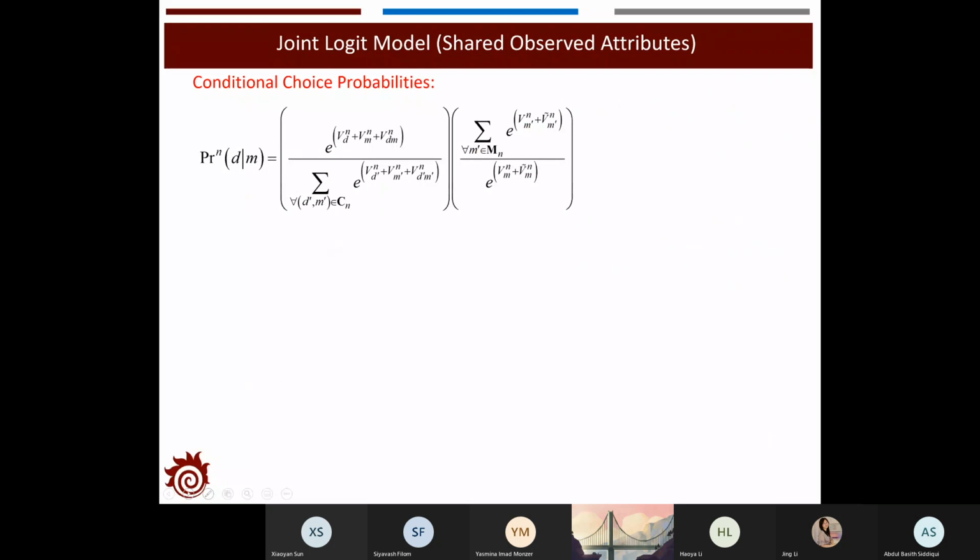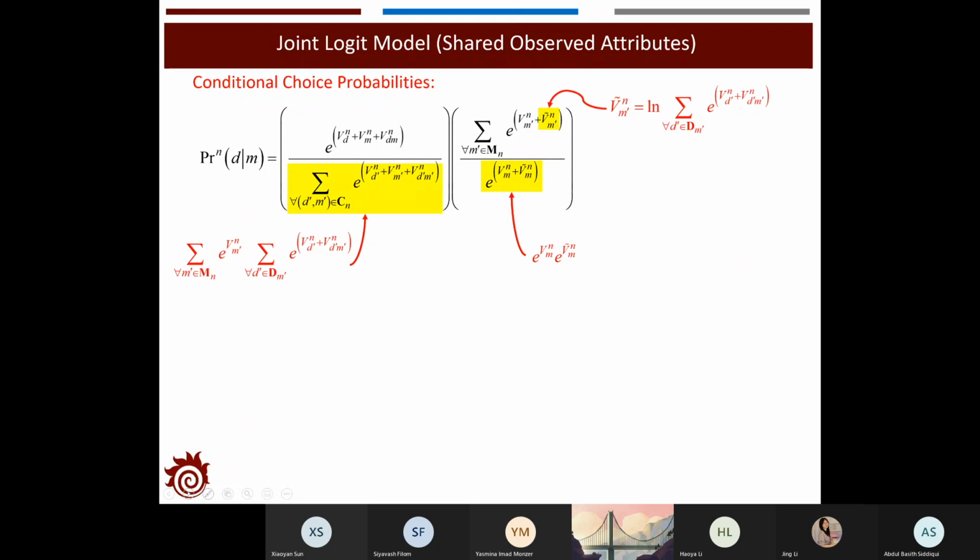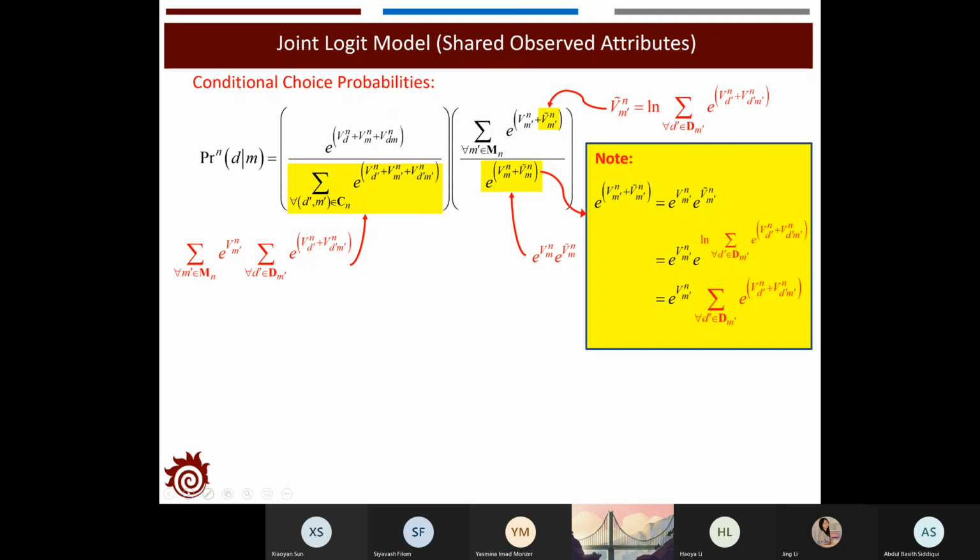A lot of components can be removed from this very long and complicated formula. Once you expand the components, the log sum term and the variables we defined, you get a relatively simple formula for the conditional probability.